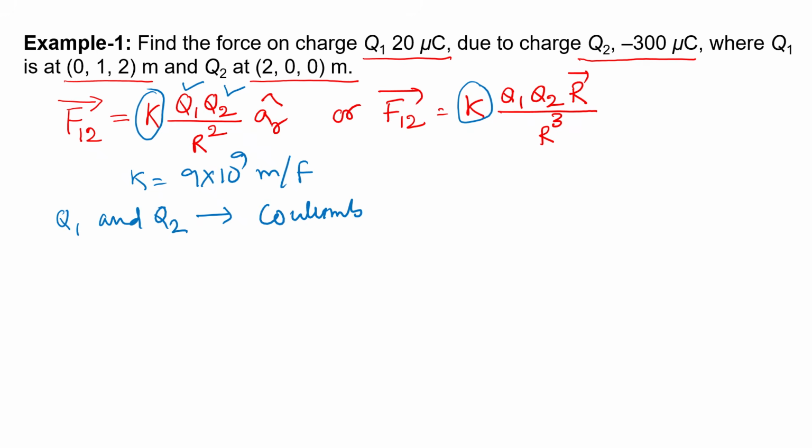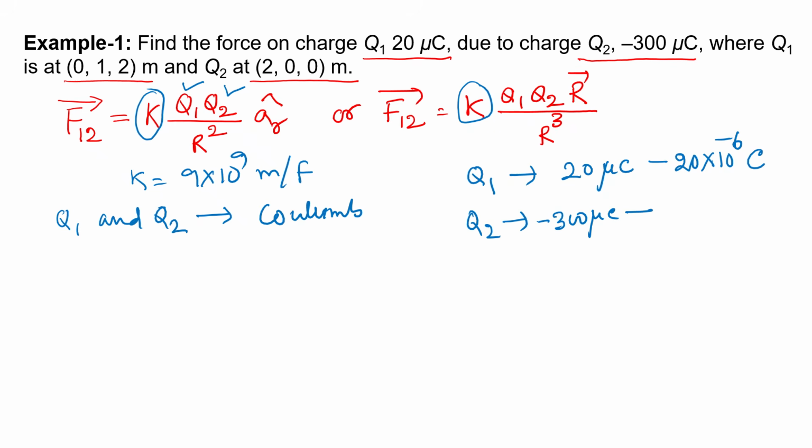The unit of charge should be coulomb. But here in our question, Q1 is given as 20 microcoulomb. So we have to convert it into coulomb, which is 20 into 10 to the power minus 6 coulomb. Likewise, Q2 is given as minus 300 microcoulomb, so Q2 will also change to minus 300 into 10 to the power minus 6 coulomb.